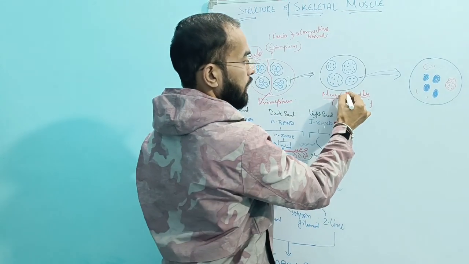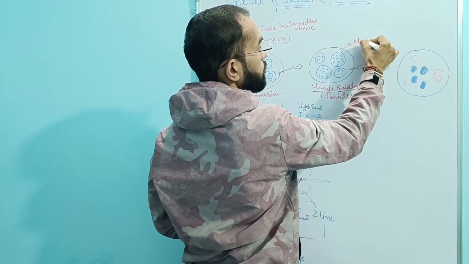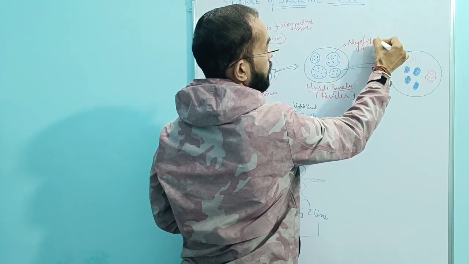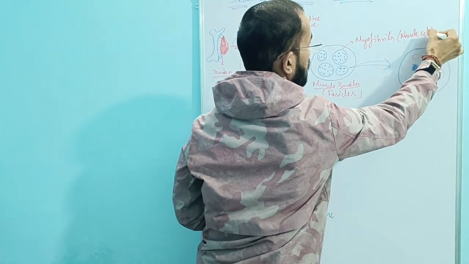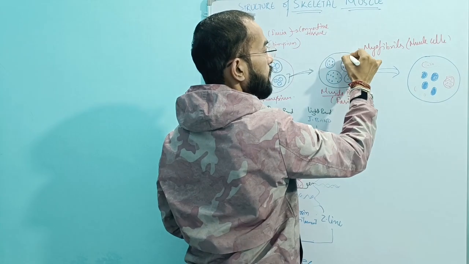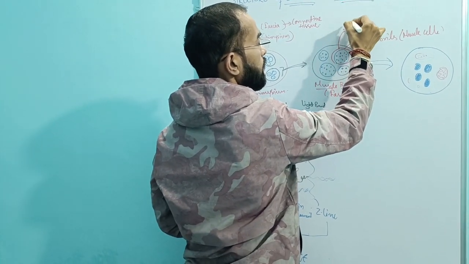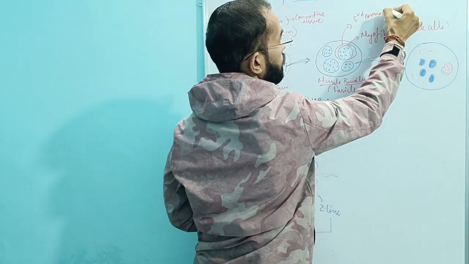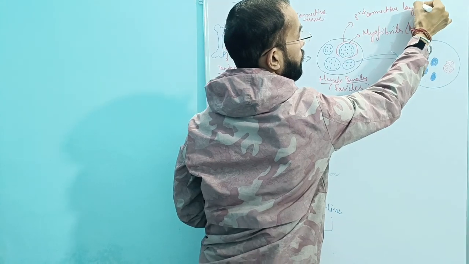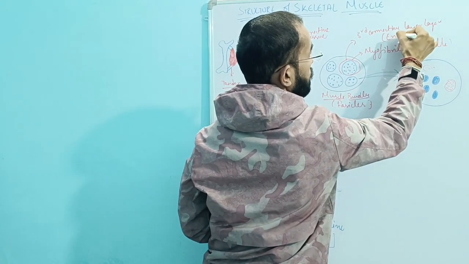Muscle bundles contain a number of myofibrils or muscle cells, and each muscle cell is covered by a third connective layer known as endomysium.